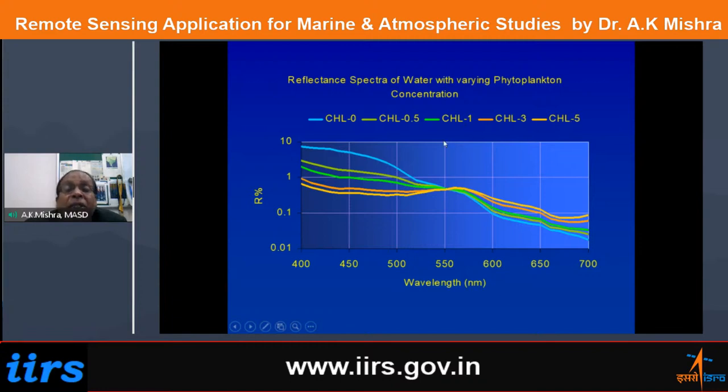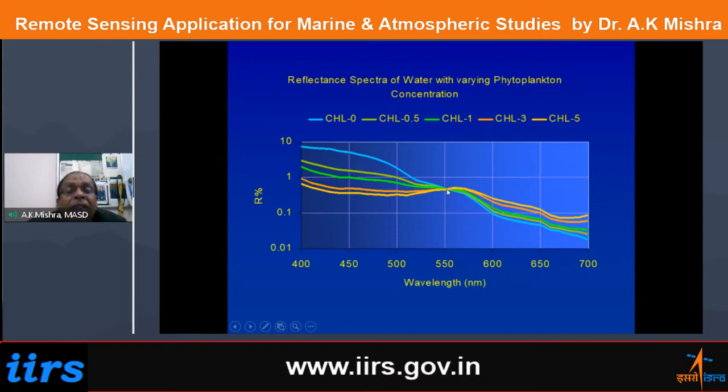So what you are seeing, where it is 0, the reflectance is very high, and slowly it is going down. So water color is blue. When the chlorophyll is changing to 0.5 milligram, the blueness is decreasing, and for 1, 3, 5, etc., the blueness is totally decreasing.